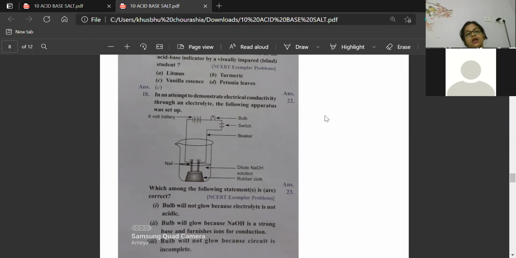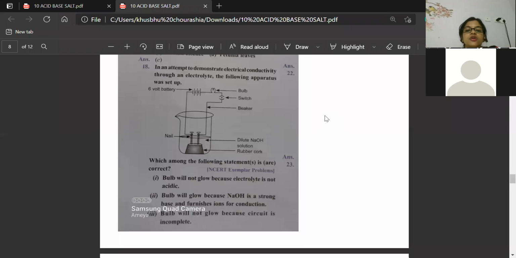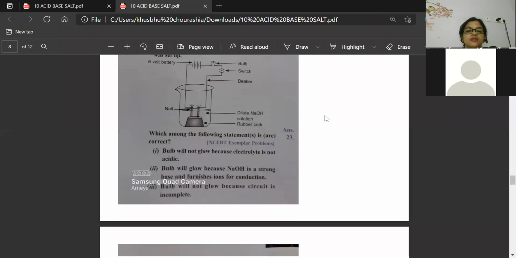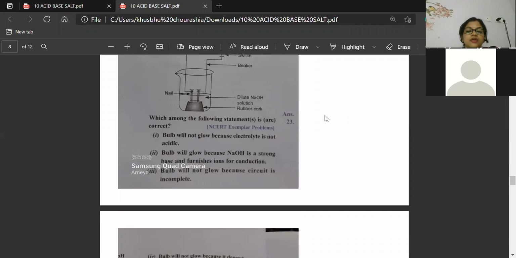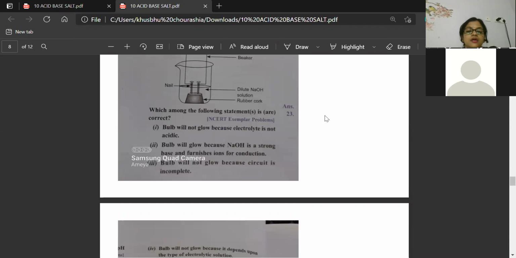Bulb will glow because NaOH is a strong base and furnishes ions for conduction. Bulb will not glow because the circuit is incomplete. Bulb will not glow because it depends upon the type of electrolytic solution. Which one do you feel is the correct answer?